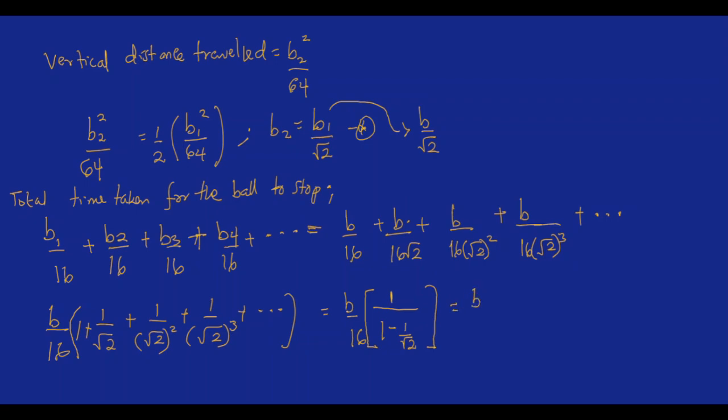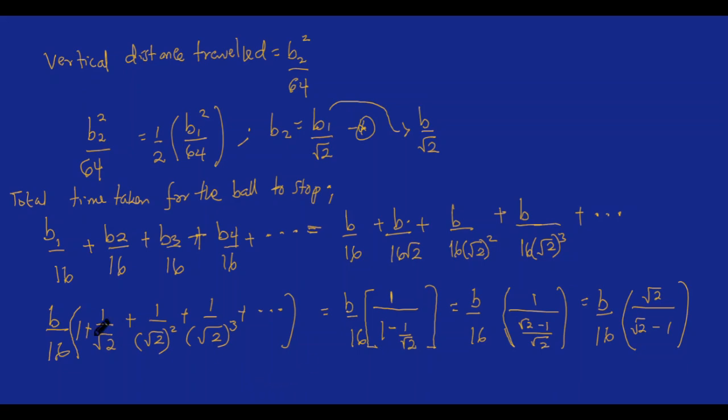So if you go ahead and simplify this, you have b over 16 multiplied by root 2 divided by root 2 minus 1.